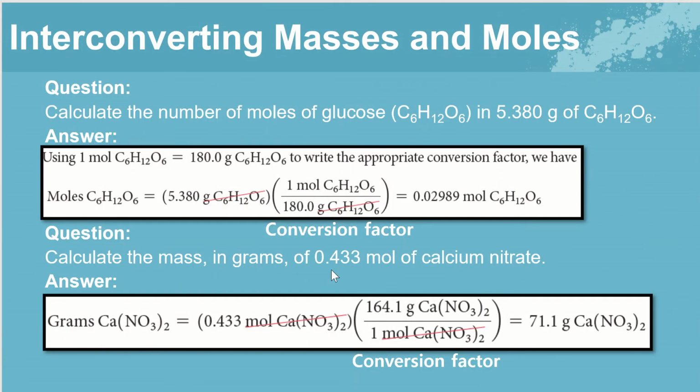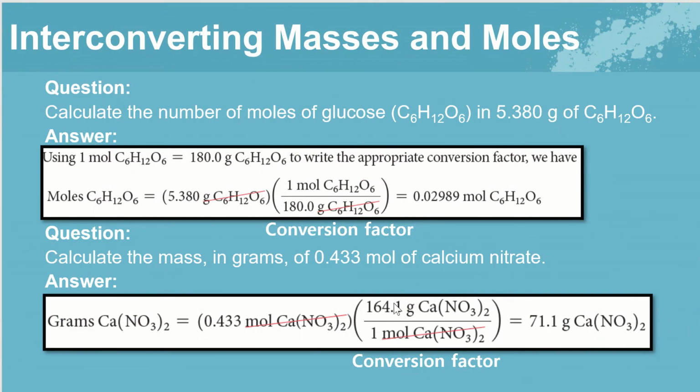Well, if you said that in this case we have moles and we're trying to go to mass, then here we have our conversion factor, and notice that the numerator is now grams and the denominator is now moles, because we're trying to get from moles to grams.